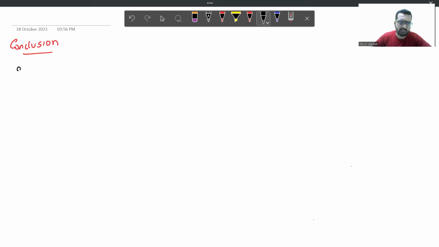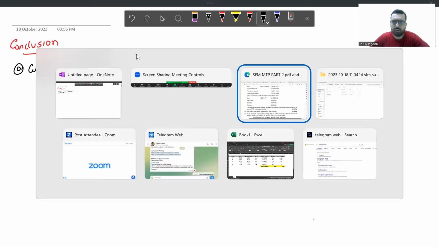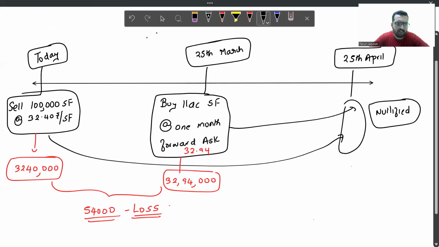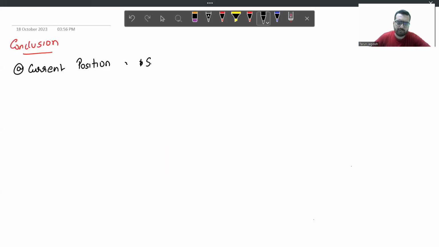What you should do in the exam is you write down like this. Point number A will be what? Current position. So what is the current position that you have over here? Initially, what was the position that you have? Sell at 32.4. So you get 32.40 lakhs. Point number B is going to be what?